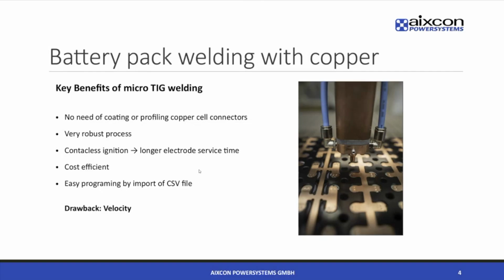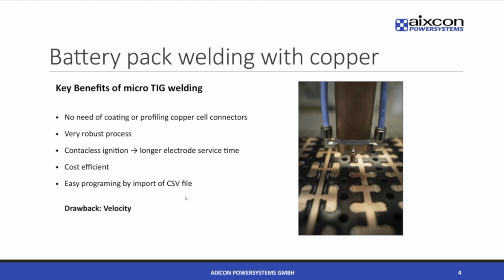There's also a process with laser welding, but as copper is very reflective, it's not easy to bring in the power from the laser to make the copper melt. And the rate of cell damage is pretty high with the laser, because sometimes the laser burns through the copper and into the cell, which is not good, of course.